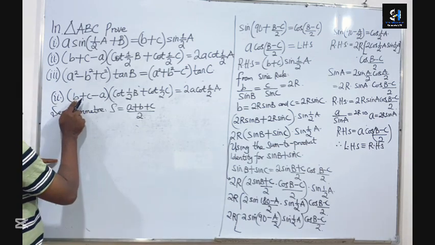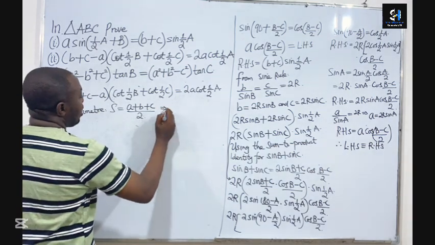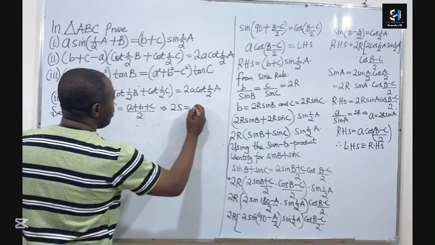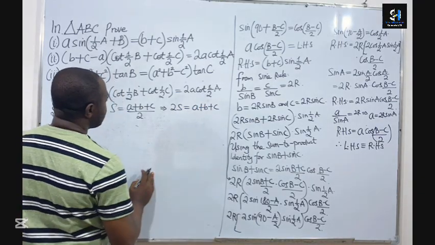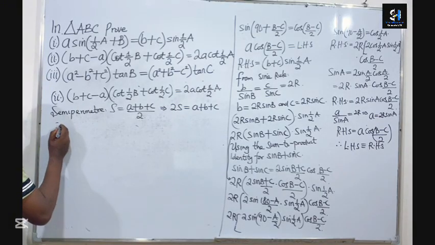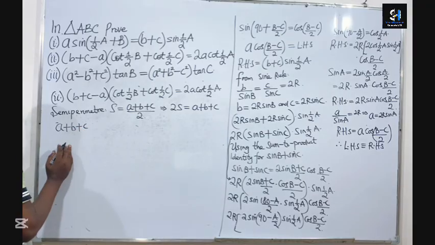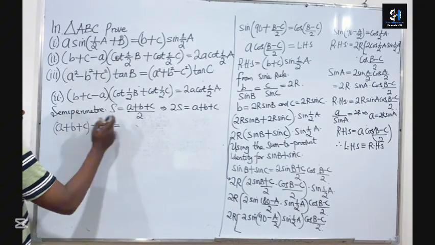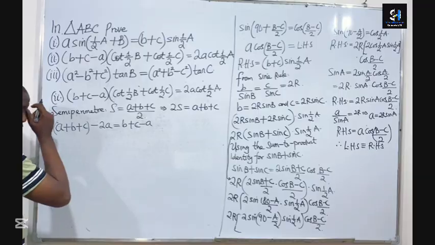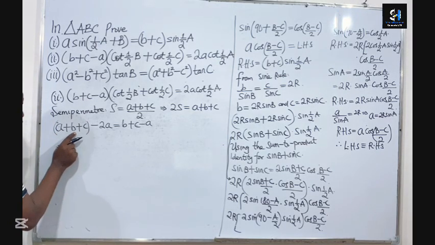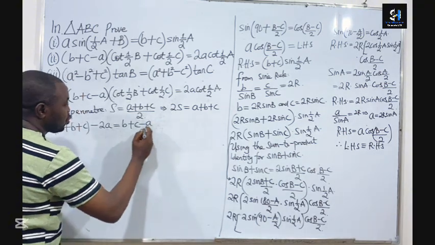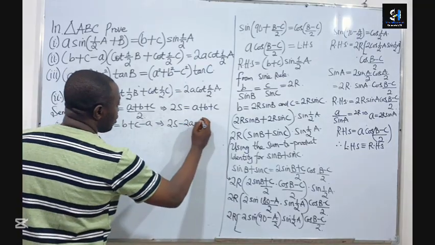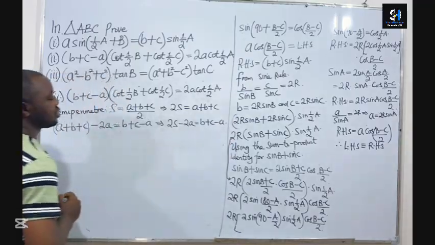So if we have (B plus C minus A), we know that 2S will be equal to A plus B plus C. So A plus B plus C minus 2A will be equal to B plus C minus A. Because A plus B plus C is equal to 2S, I can say that 2S minus 2A is equal to B plus C minus A.